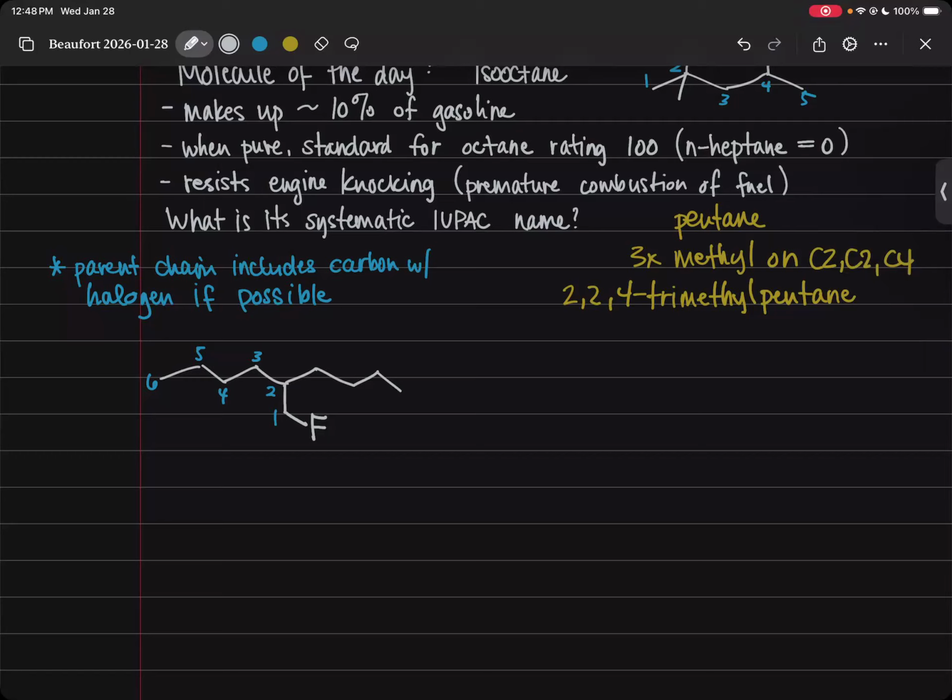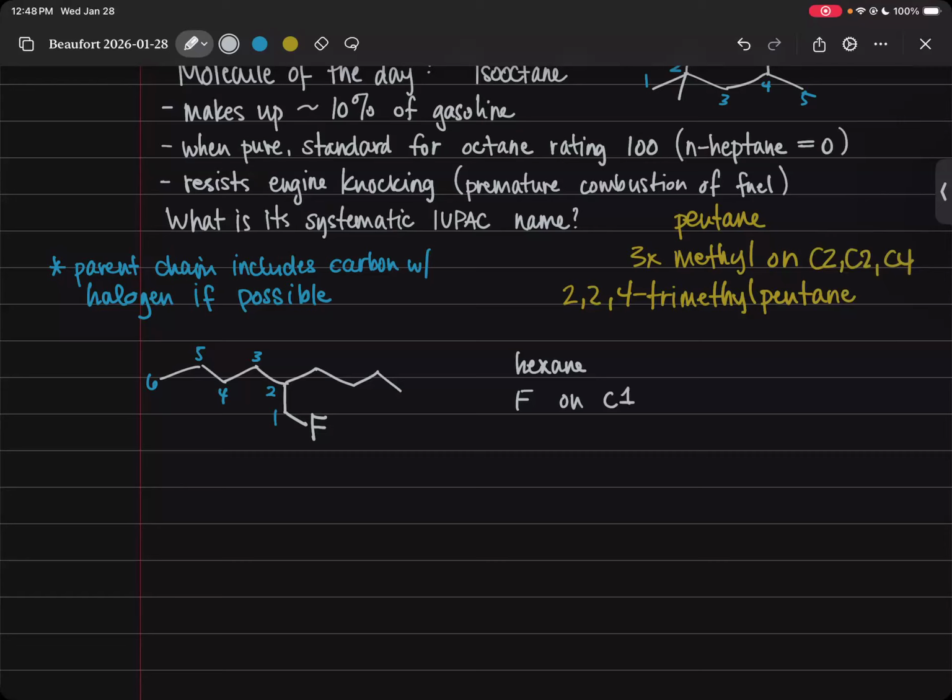So our parent chain is 6 carbons long. It's a hexane. Let's see. Okay, so we've got 2 substituents. We have the fluorine atom, and that's on carbon 1.